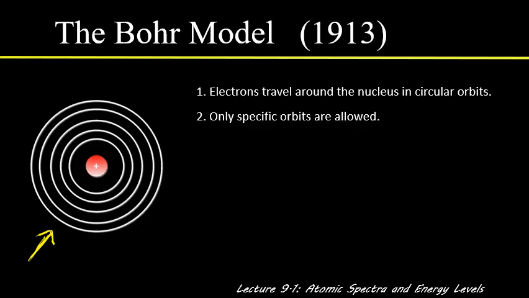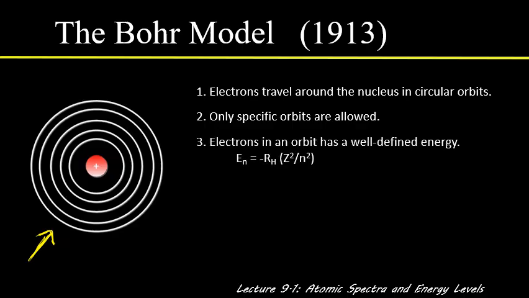All right, so electrons travel in circular orbits, only specific orbits are allowed, and the energy of an electron in the orbit is given by negative RH. RH is the Rydberg constant, specifically with the H on it, the Rydberg constant for hydrogen.